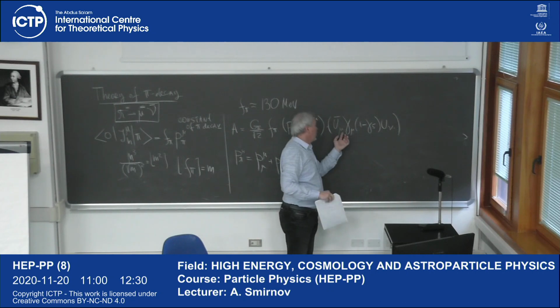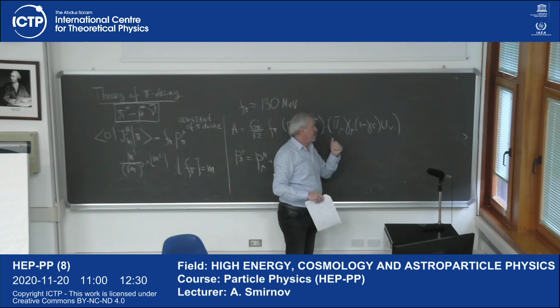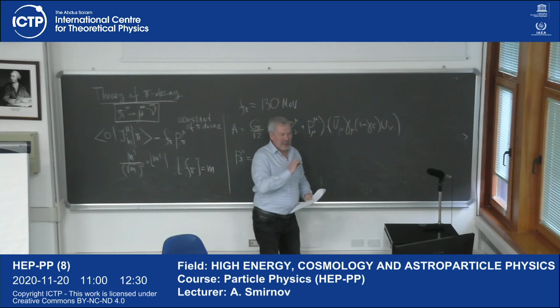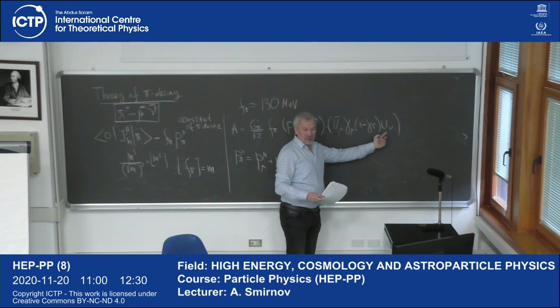I have this muon and neutrino, but that was an abbreviation. Eventually what I mean by what I have written in the Hamiltonian are the wave functions. When we do computations, we have operators first, but then when we do contractions, what is left is a 4-spinor which corresponds to the muon, and a 4-spinor which corresponds to the neutrino.